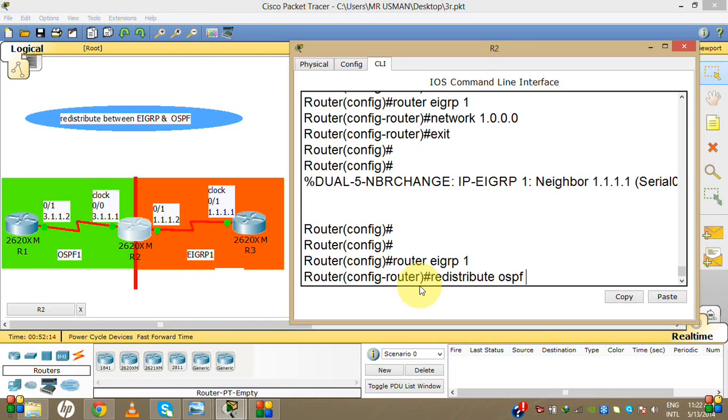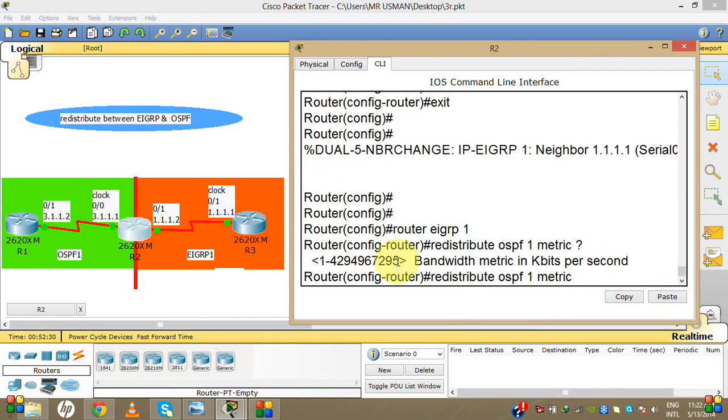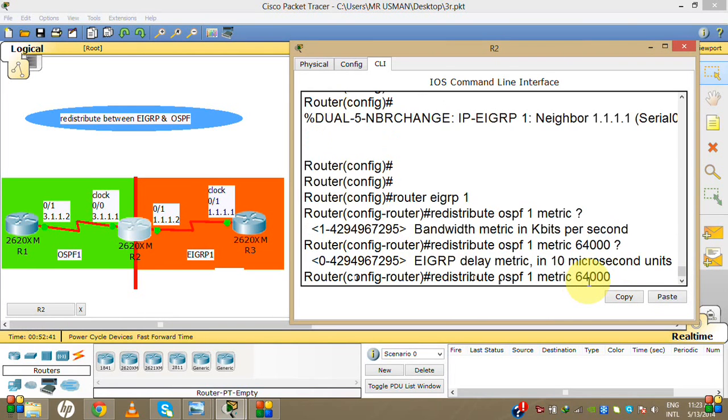OSPF 1 is the process ID of OSPF, you can see, and then space, metric, space. Now I put the question mark, which is showing the bandwidth metric in kilobits per second. So I'll put the bandwidth. I want bandwidth 64000, space and question mark.